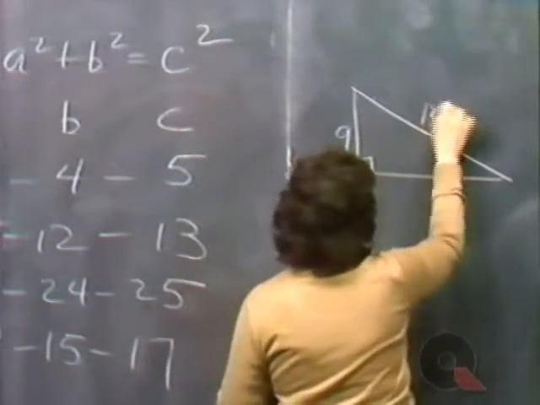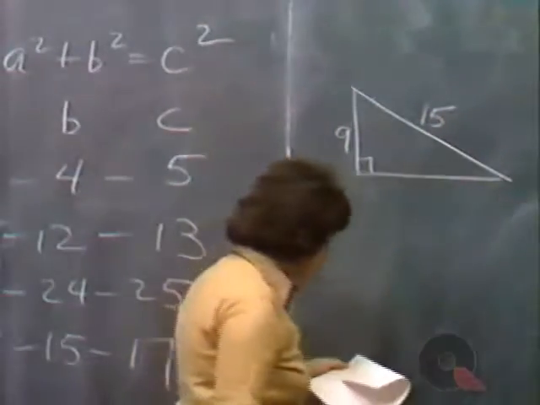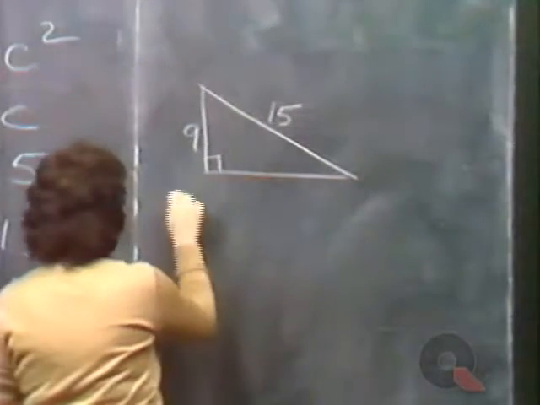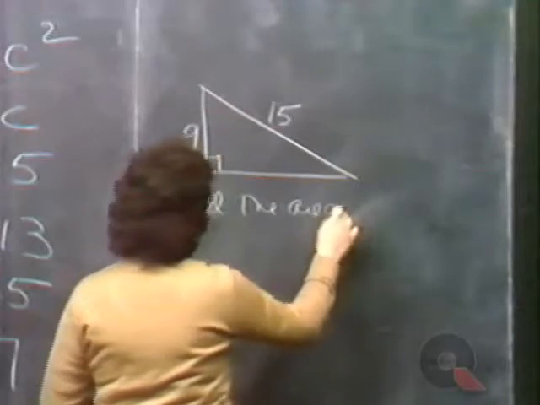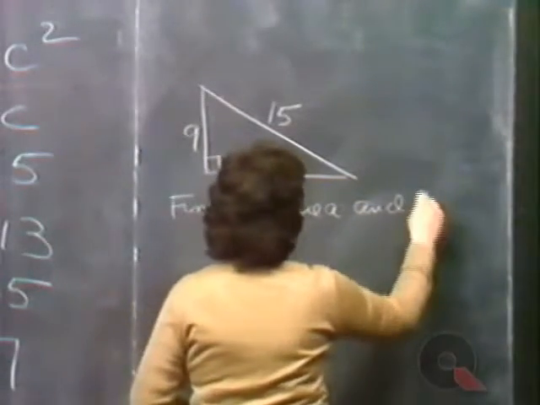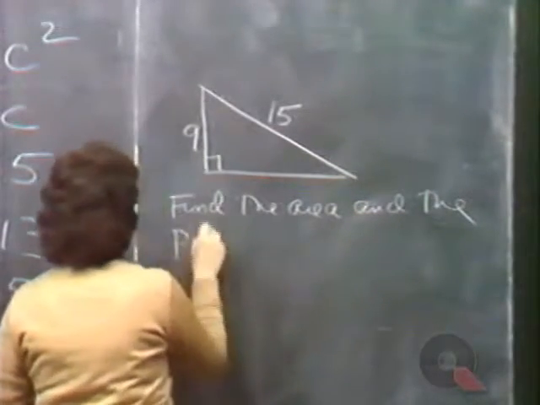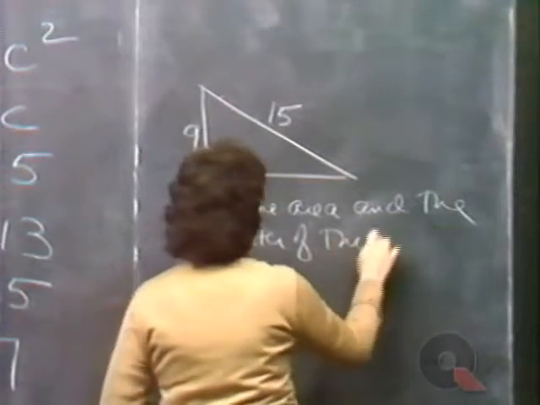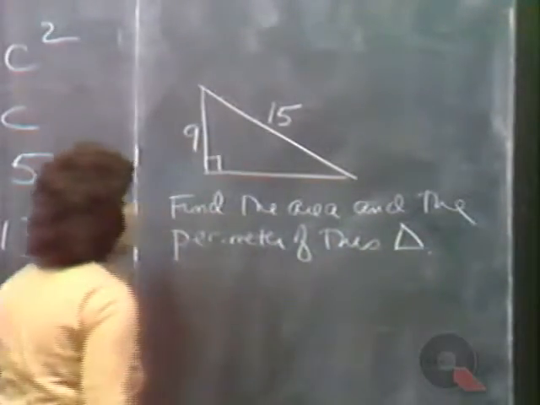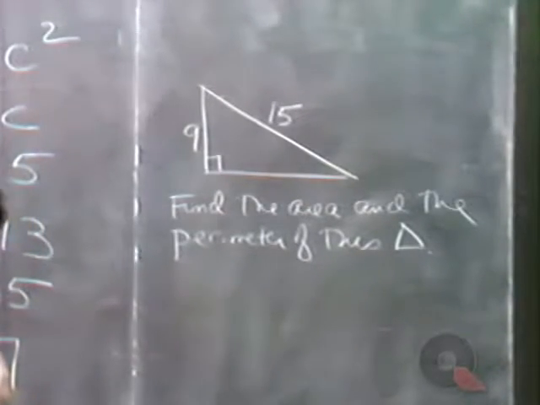The hypotenuse has length 15, and I ask you for the area and the perimeter of this triangle.